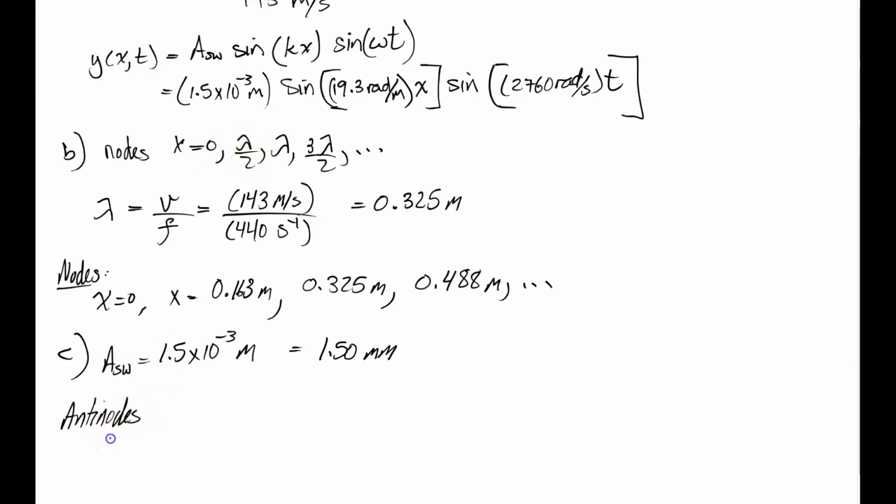So we would get at x equals lambda over 4, which gives us 0.081 meters. The next one would be at x equals 0.244 meters, and the next one would be at 0.406 meters, and so on.